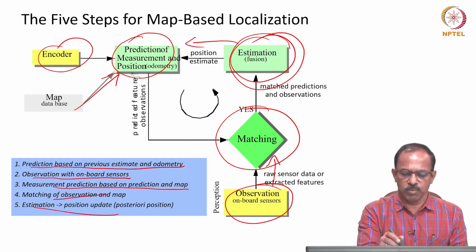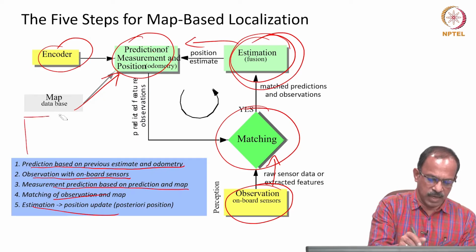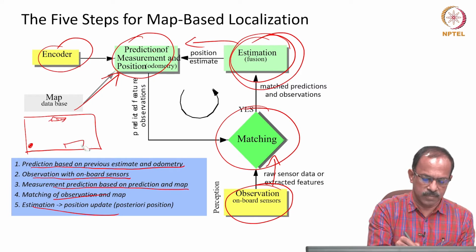So, suppose the robot is in one location. Suppose this is the arena and the robot has started from here. Suppose there are some features here. So, the robot has actually moved to here, the new position and its estimate.